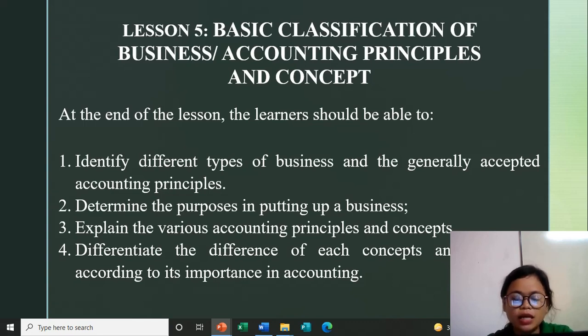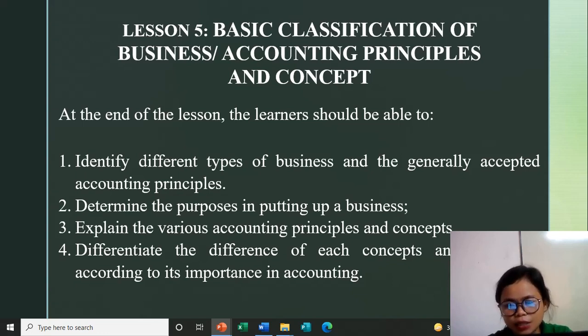In Lesson 5, please have your modules with you so that you can go along with our discussion. Our lesson is the basic classification of business and, of course, accounting principles and concepts.